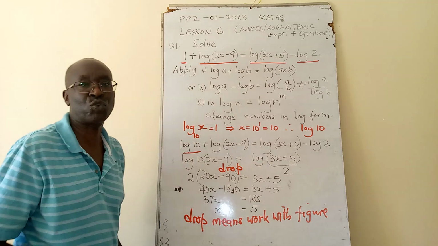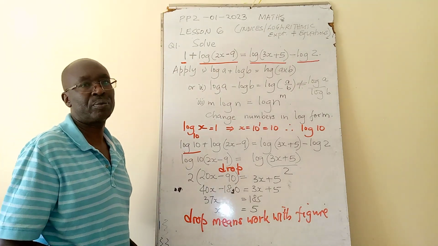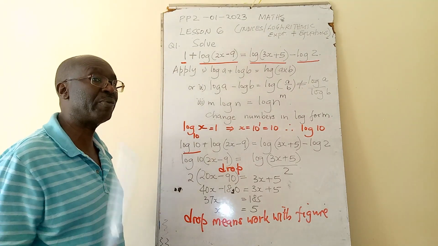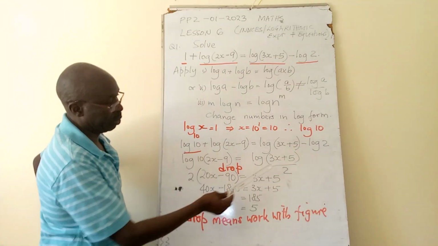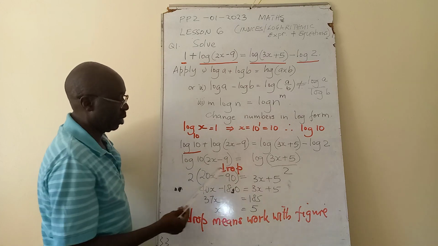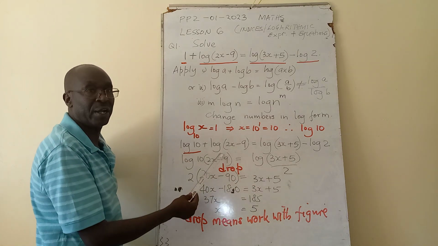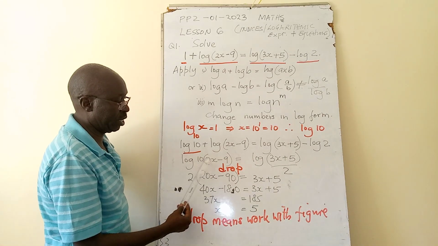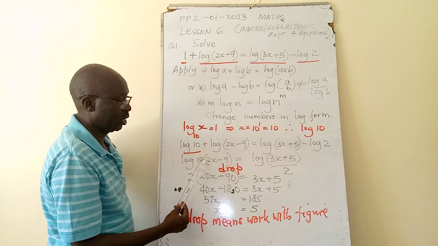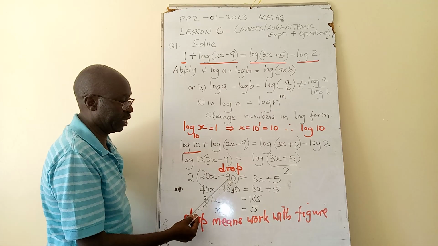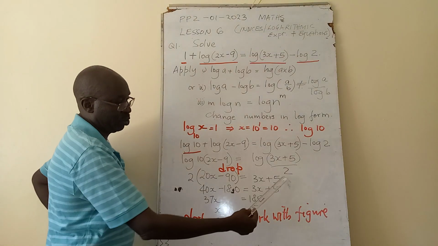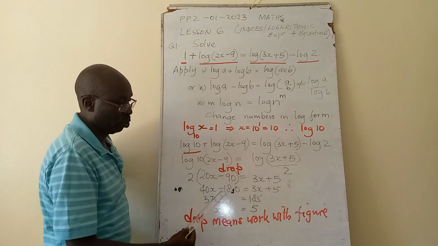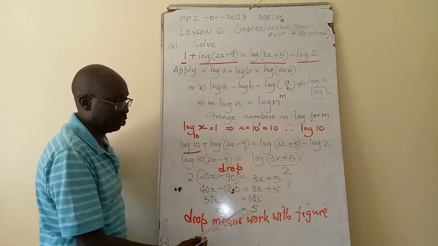So do not cancel, we drop. Even in vectors, there is somewhere we drop. We don't cancel. So remember, this fraction must equal this figure here. That's why you can have 10 by this, 20x, 10 by 9, 90. But since there is a 2 here, it will come this side, so that you don't have a fraction. Then you compute, you get x is equal to 5.